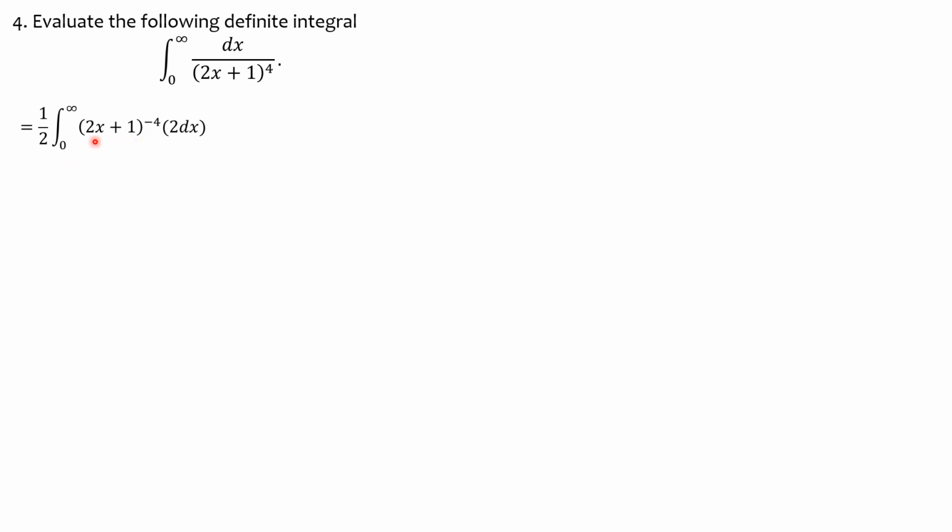This is now in the form integral of u to the negative 4 du, which can be evaluated by the power formula. So this is equal to 1/2 of quantity 2x plus 1 to the negative 3 over negative 3 from 0 to infinity, which is negative 1/6, and we write this as 1 over 2x plus 1 to the positive 3 from 0 to positive infinity.